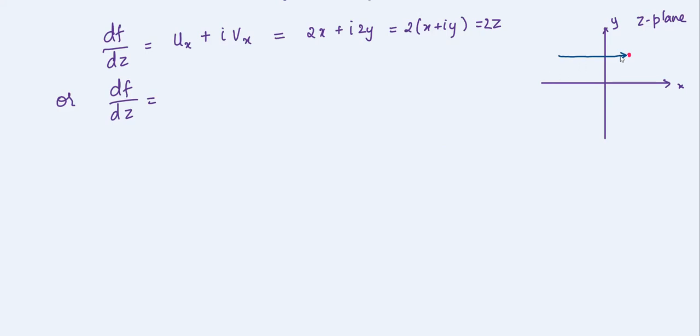Keeping y constant, we are approaching this point z along a line parallel to the x-axis. So x is varying, but not y. If we approach this way, then x is constant, but y is varying. So when we approach that way, then uy plus i vy.